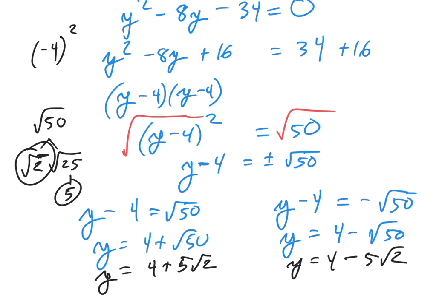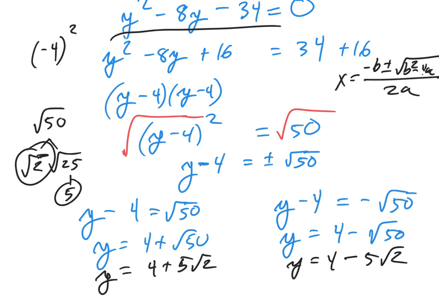And if I would have gone back up to this original equation and plugged it into the quadratic formula, x equals negative b plus or minus the square root of b squared minus 4ac all over 2a, it would have yielded the exact same answer. What we have down here, if I would have run it through this formula, I would have got the same answers.